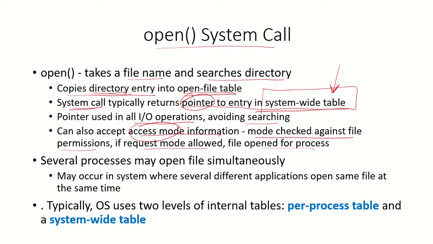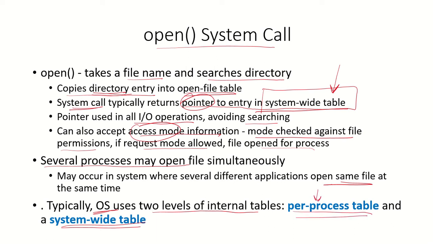Now there is a possibility that several processes may open the file simultaneously, and this may occur in a system where several different applications open the same file at the same time. So how is information about this kept? The operating system uses two levels of internal tables. One is the system-wide table that we just saw, and another is a per process table.